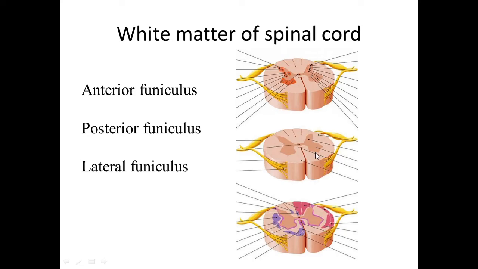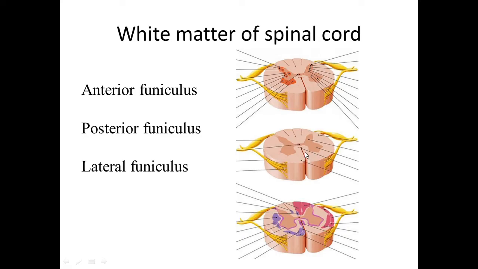Now this white matter, as we have seen earlier, is divided into 3 parts. The anterior white column, also known as the anterior funiculus, is present between the anterior median fissure and the anterolateral sulcus.